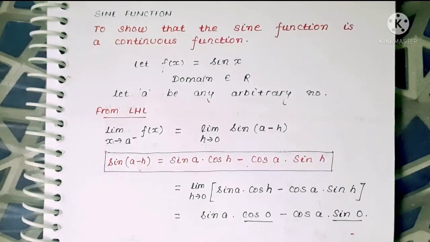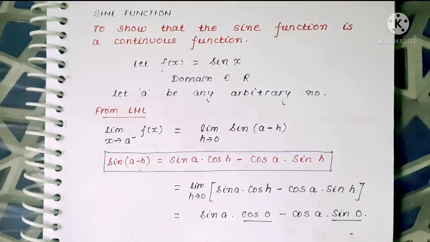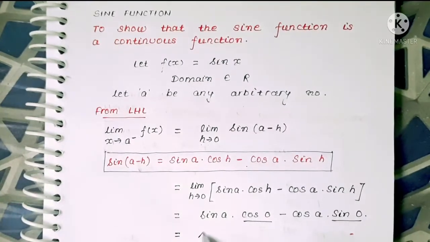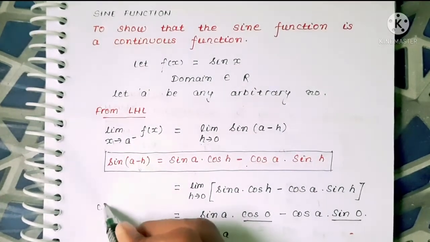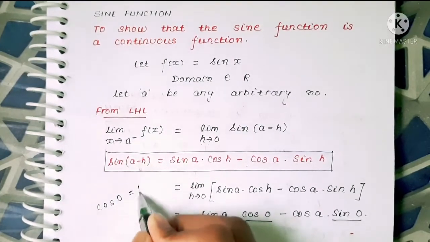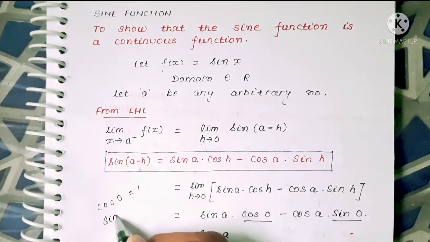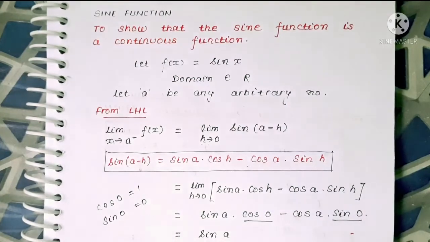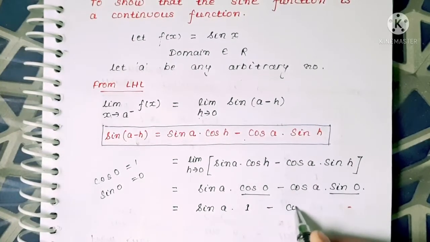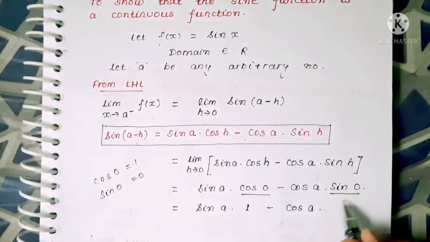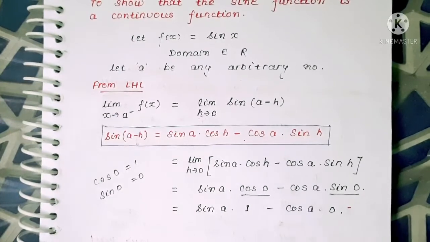We know that cos 0 and sin 0 are trigonometric values. So cos 0 is equal to 1 and sin 0 equals 0. So here we will put this: sin a into cos 0, which is 1, minus cos a into sin 0, which is 0.